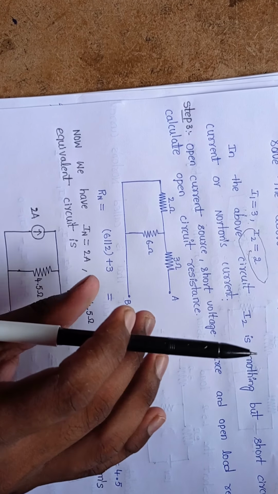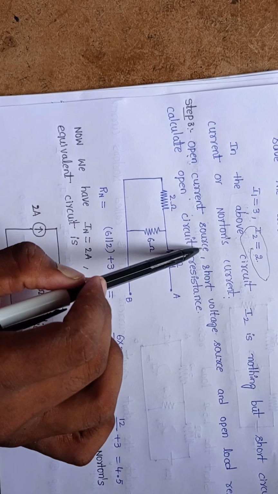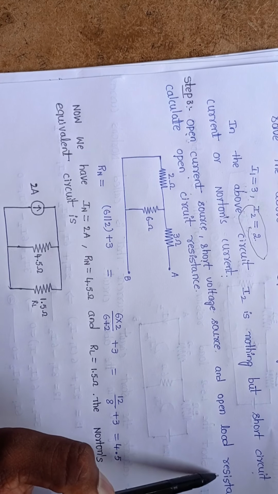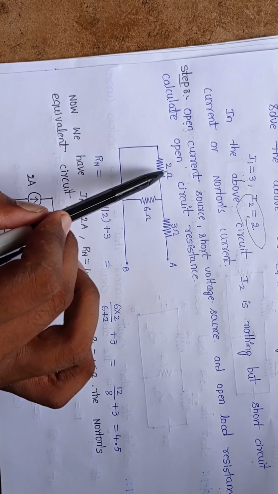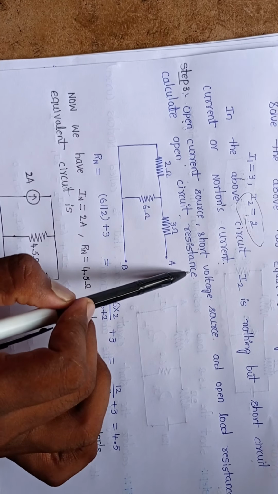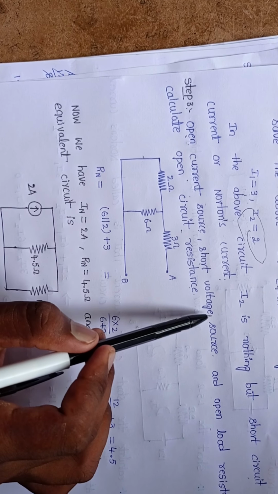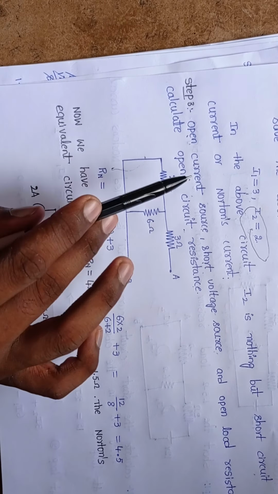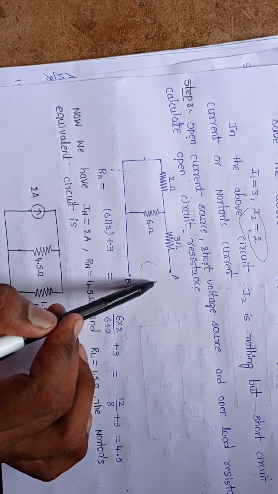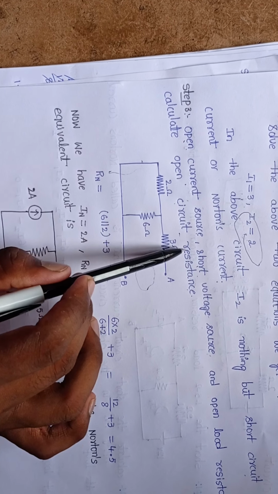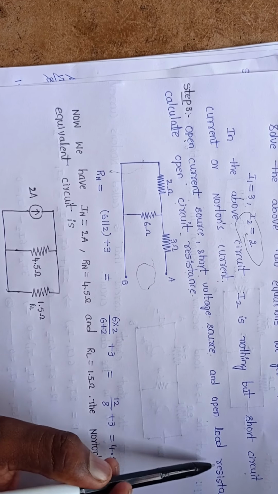Here in the previous diagram we have one voltage source, so short circuit the voltage source. And here the load resistance is there; open the load resistance.